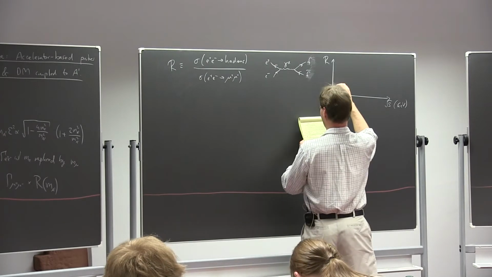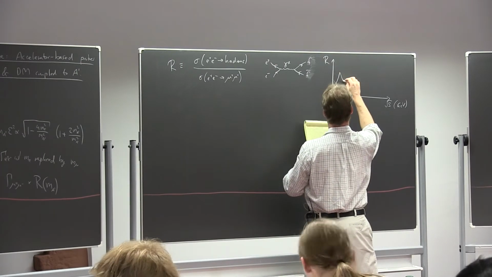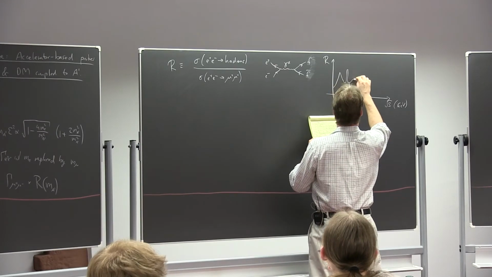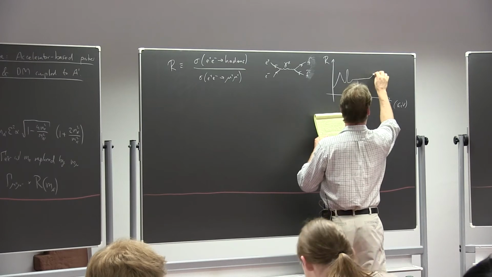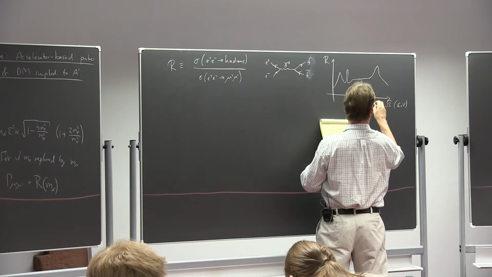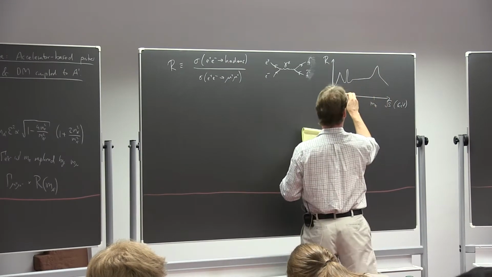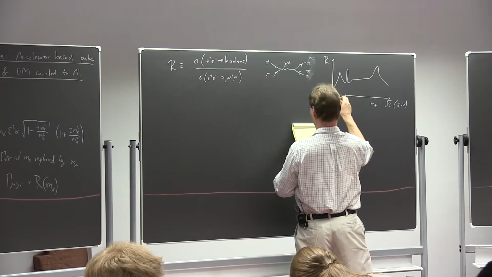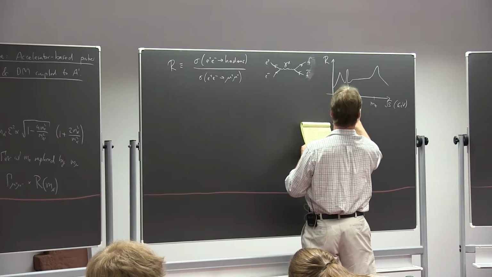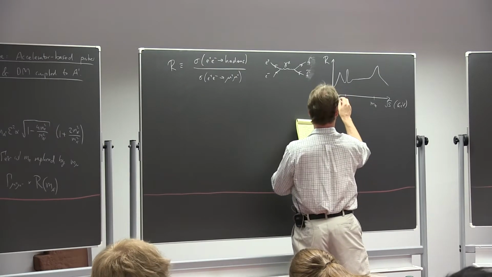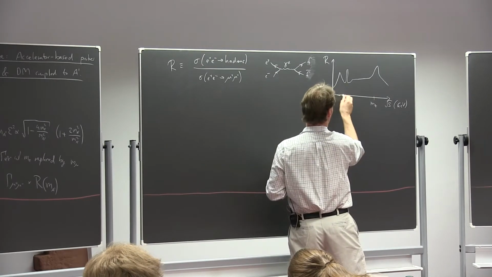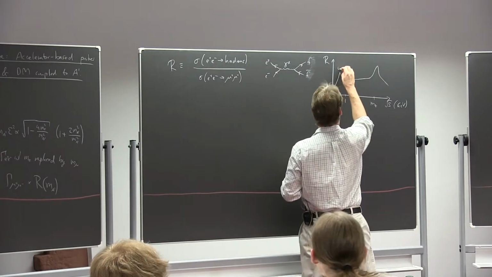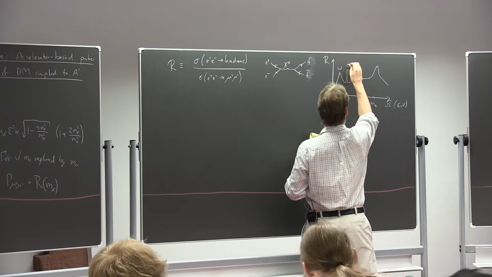You've got these resonances: the rho and the omega, and there's a phi resonance, and then it increases, and at some point you've got the Z resonance, etc. So this is the Z. This is about 3 GeV. This is 1 GeV. Below 1 GeV, around 700 to 800 MeV, we've got the omega, the rho, and the phi.